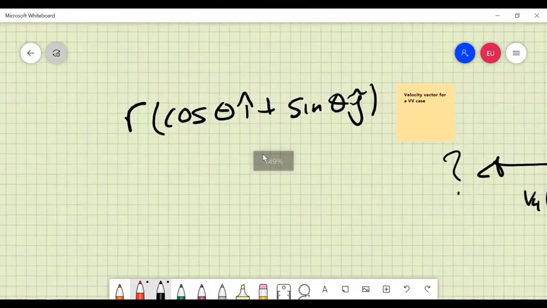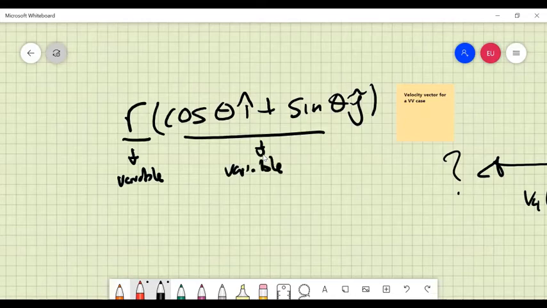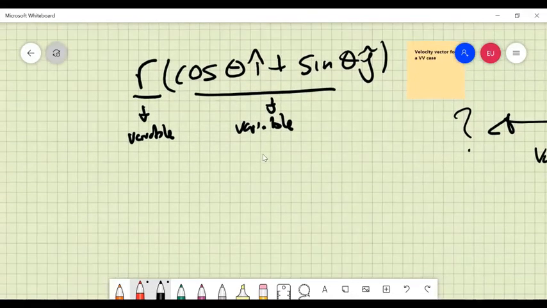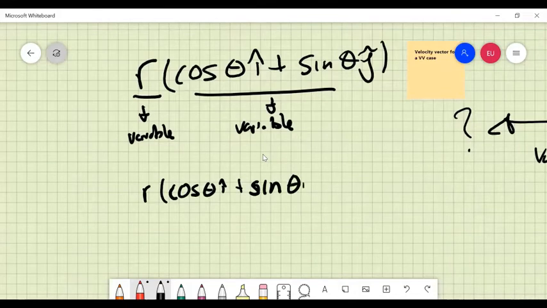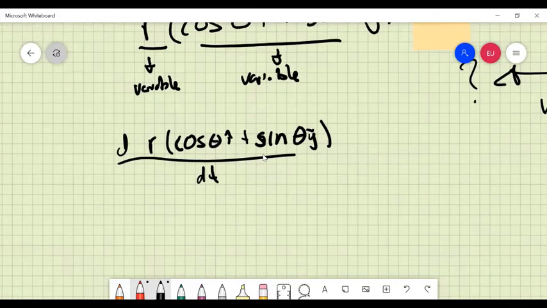Now, this case is very particular because this bit is changing, and that bit is also changing. So if I want to derive that with respect to time, how do I do that? Any ideas?